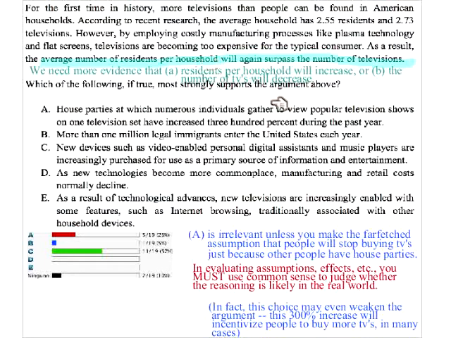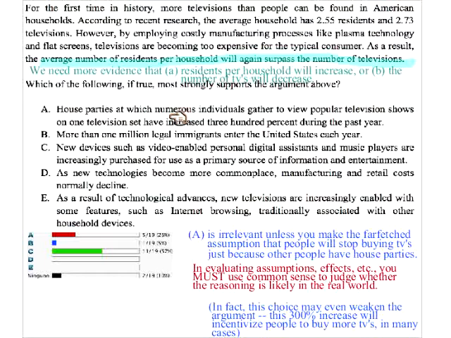So the entrance of immigrants into the country will not increase the number of residents per household unless A, they move into other people's houses, which is unlikely, or B, we assume that they have more people packed into their house than people who are already in the country. So there's no reason to assume these things. So B is incorrect because B doesn't address the per household issue.